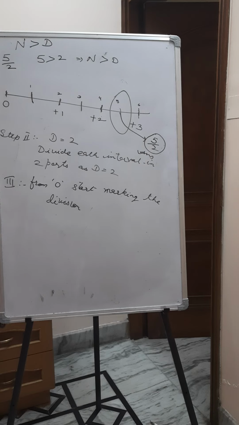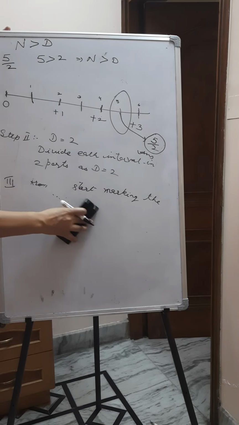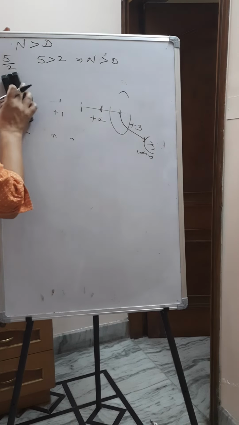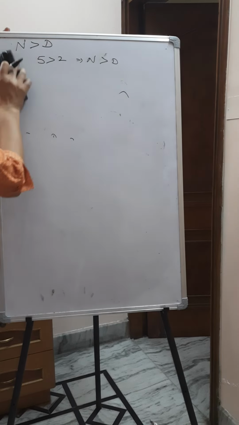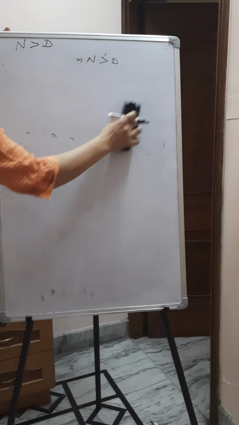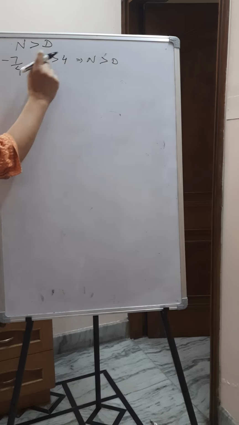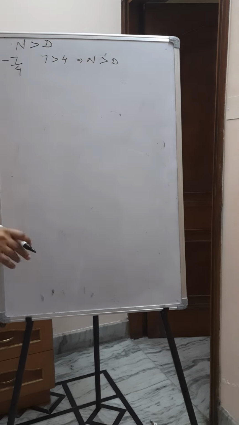Followed? Let me explain one more question in which numerator is greater than denominator but with a negative sign. -7/4. 7 is greater than 4, numerator is greater than denominator.